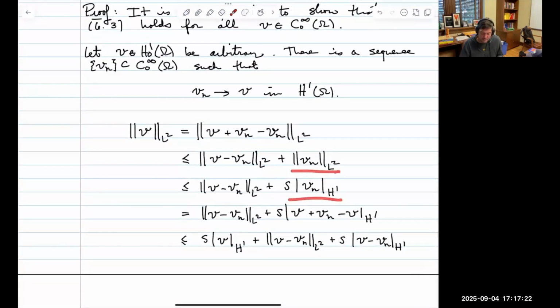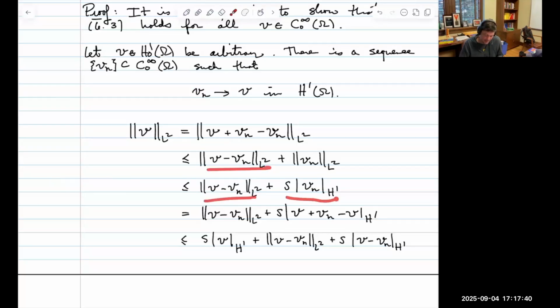What about this other term? Well, we know that Vn converges to V in H1, so we're just going to leave that fact there for a second.